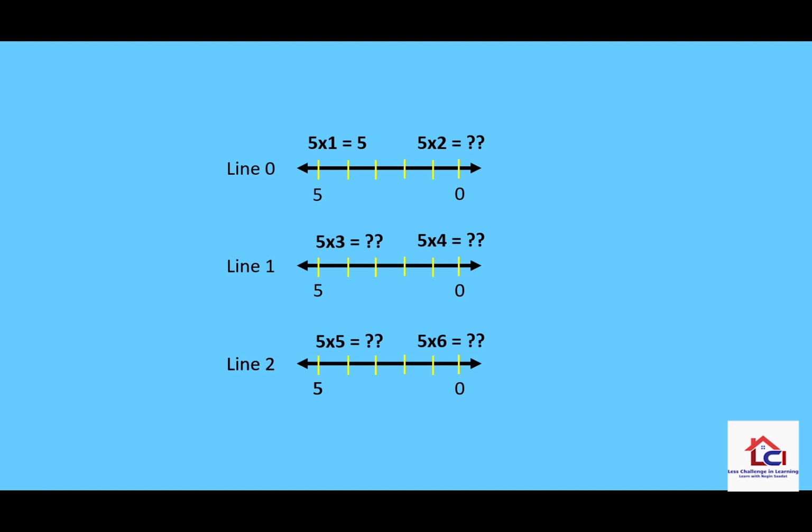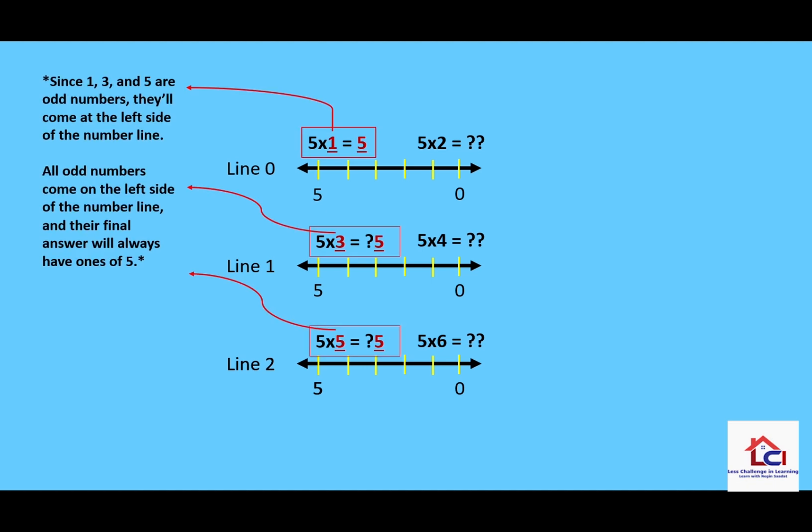All of the odd numbers will have the answer ending in 5, and all of the even numbers will have 0. Don't forget this fact.